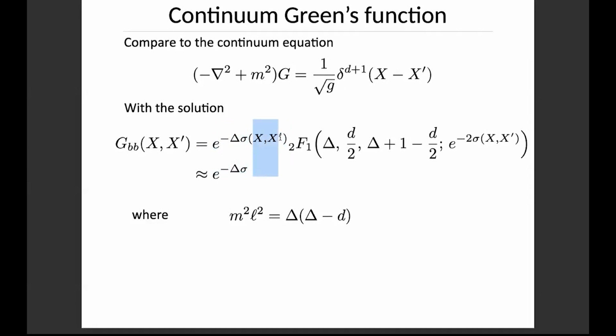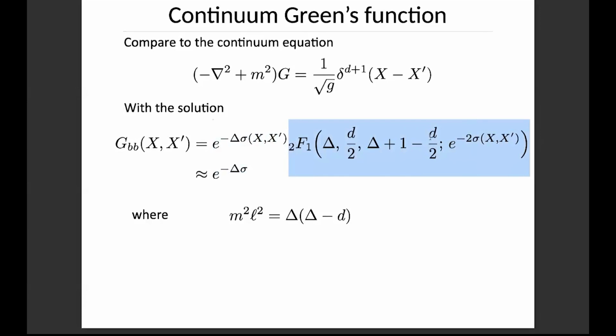This can be any coordinate system, which is why I've used x and x prime, but in the back of our minds we're using this Poincare coordinate system, though this is a general equation. So we have an exponential factor here, and then what's known, in colloquial terms, as a 2F1, meaning it's just a regular hypergeometric function.